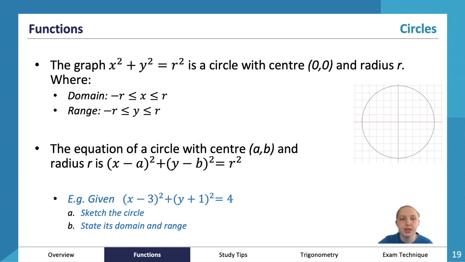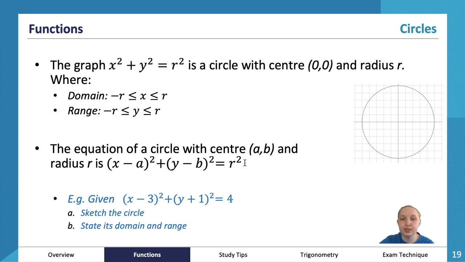Then the equation of a circle with the center (a, b) and radius r is given in this format: (x minus a) squared plus (y minus b) squared equals r squared. So when we're looking at a more complex equation for a circle that's had some movement, we can find the center of our circle with a and b.